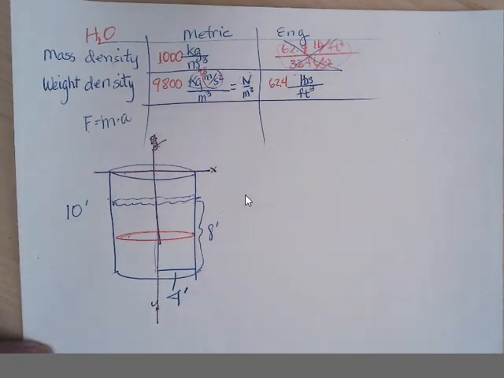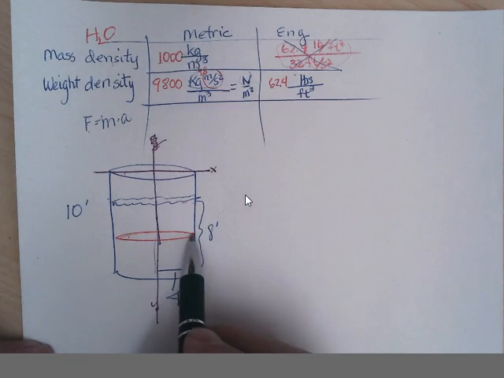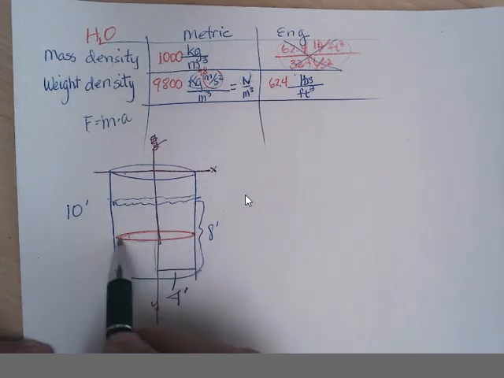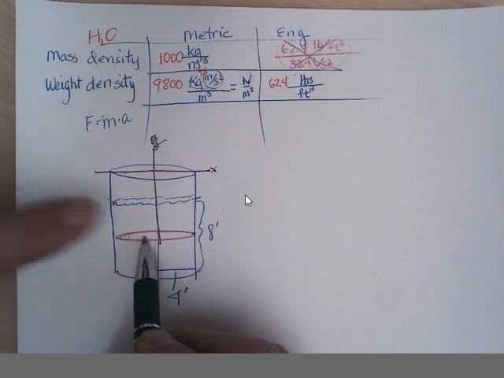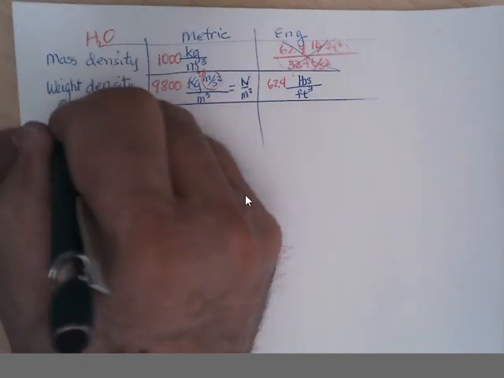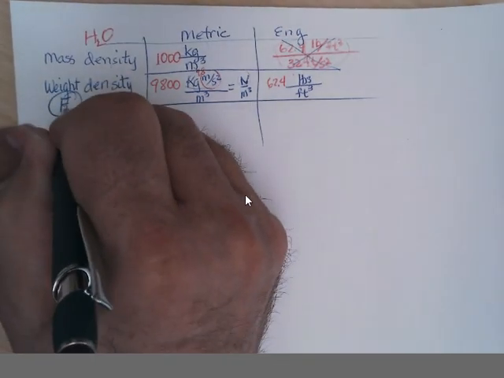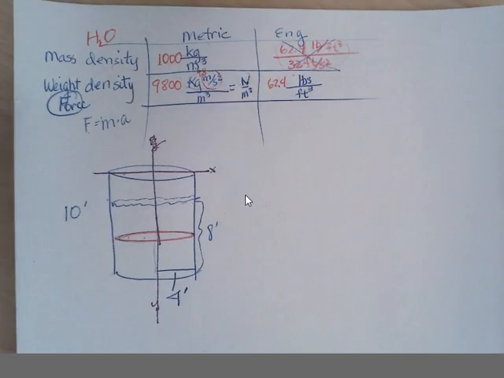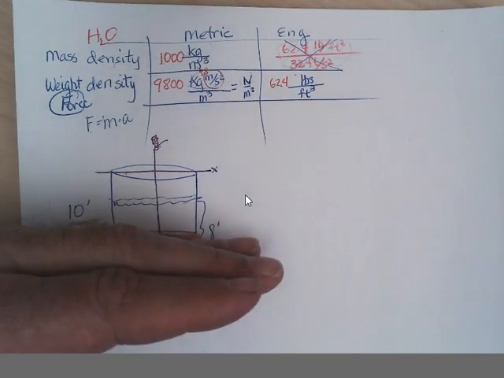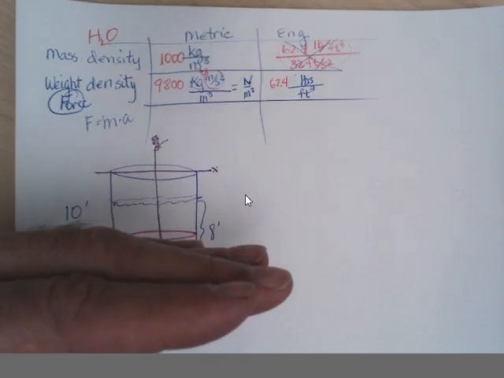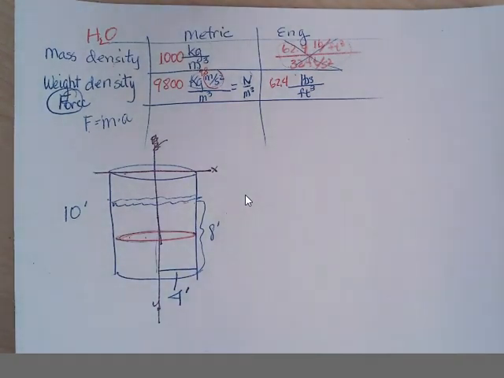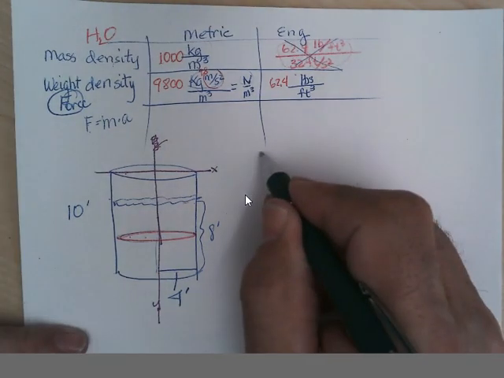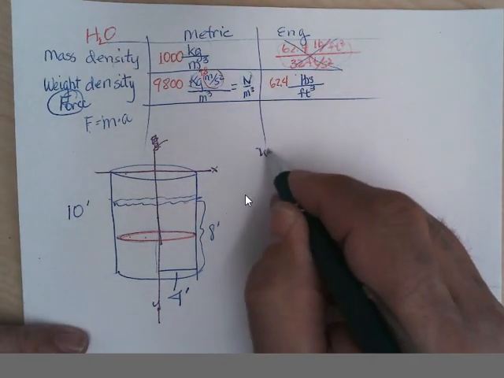Here's the x-axis, here's the y-axis. I need the volume of this disk, because I want to find out the weight of this disk. Weight is a force, and work is force times distance. So when I'm lifting something, I'm lifting a weight a certain distance, and that's how you calculate the work: weight times distance.